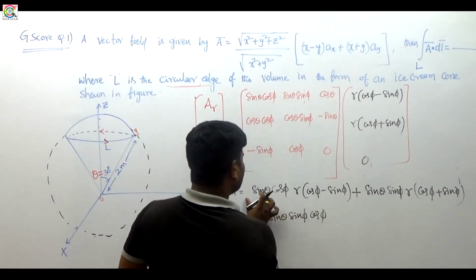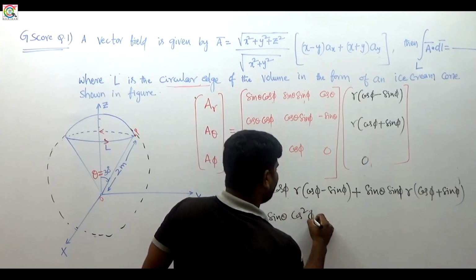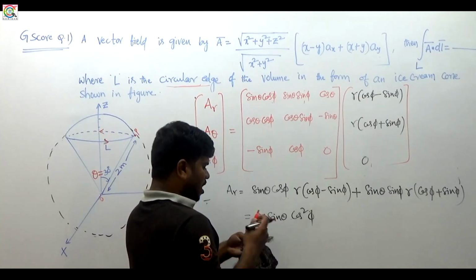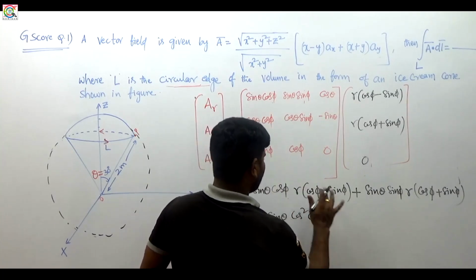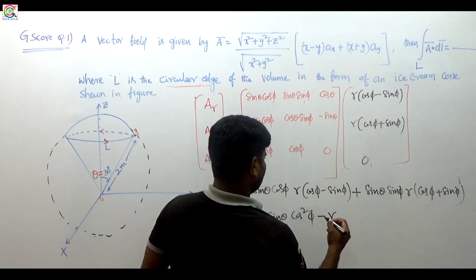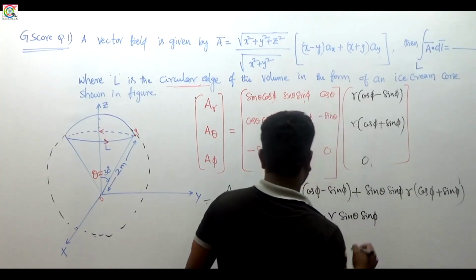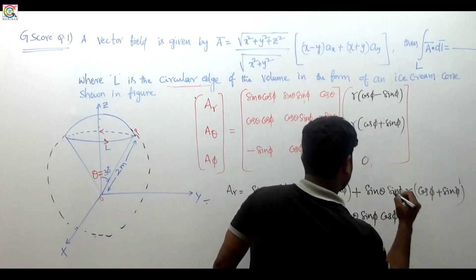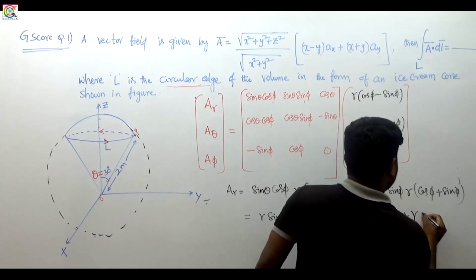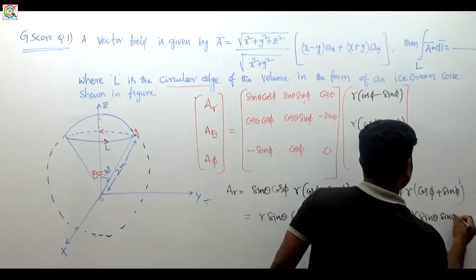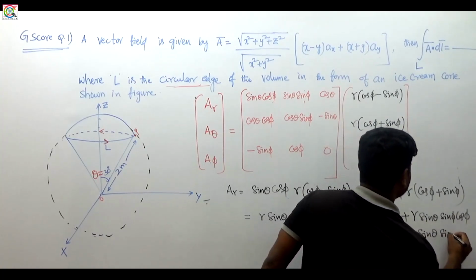So here you will get r sin theta cos square phi, next minus r sin theta sin phi cos phi, next plus r sin theta sin phi cos phi, plus r sin theta sin square phi.